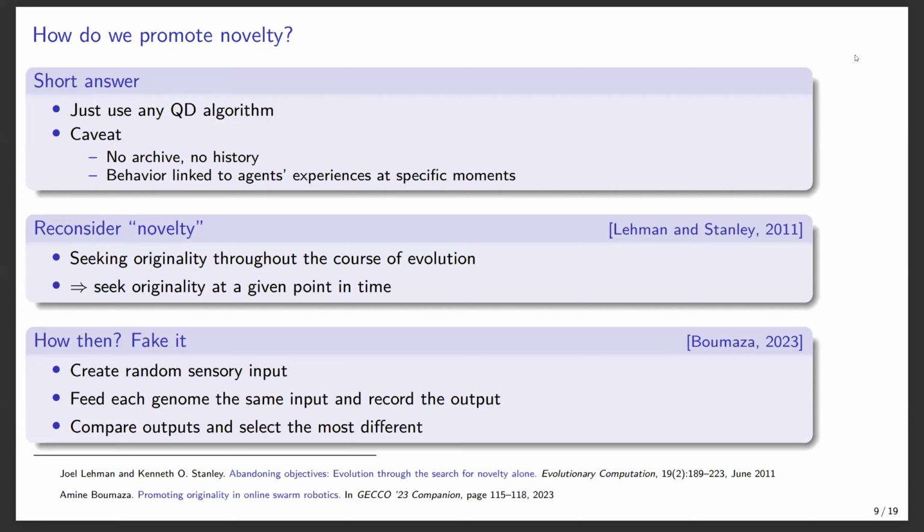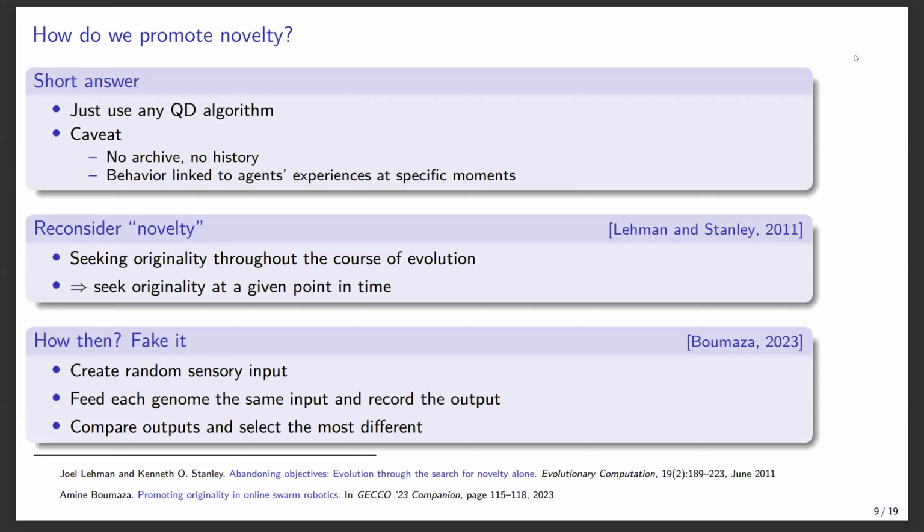We have to reconsider what novelty is. Whereas in the traditional sense novelty means seeking originality throughout the whole course of evolution, we define novelty as seeking originality at a certain given time. That's all we can do.